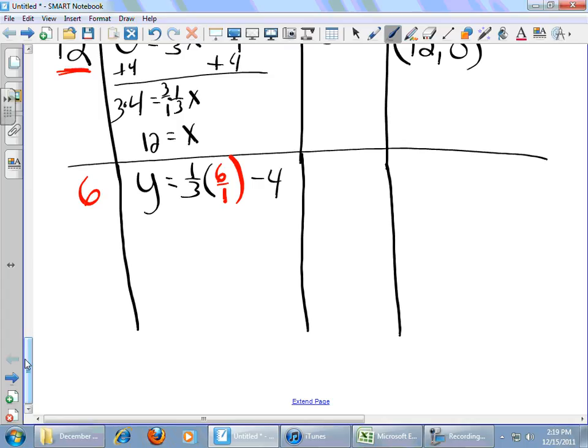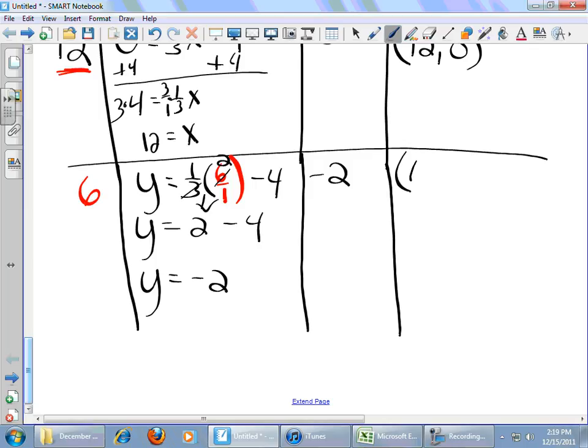All right, so y is going to equal, 3 goes in once, goes in twice. This will turn into plain old 2 minus 4. Now stop and think. I know that 4 minus 2 is 2. 2 minus 4 must be negative 2. So there's negative 2. My point is at 6, negative 2.